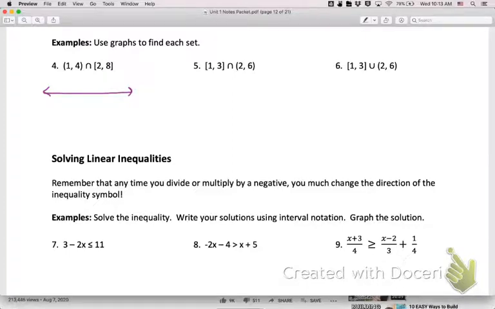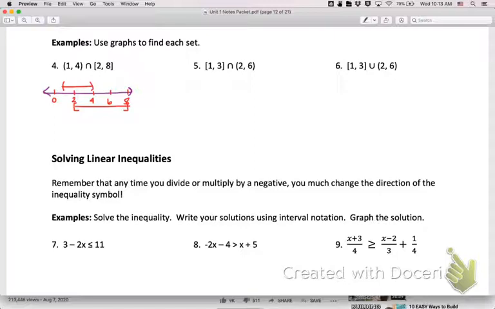That's looking across both sets. So I know that I need to go maybe from, say, 0, here's 2, here's 4, here's 6, here's 8. Okay. So above the line, the interval from 1 to 4 is going to look like this. And below the line, the interval from 2 to 8 is going to look like this.